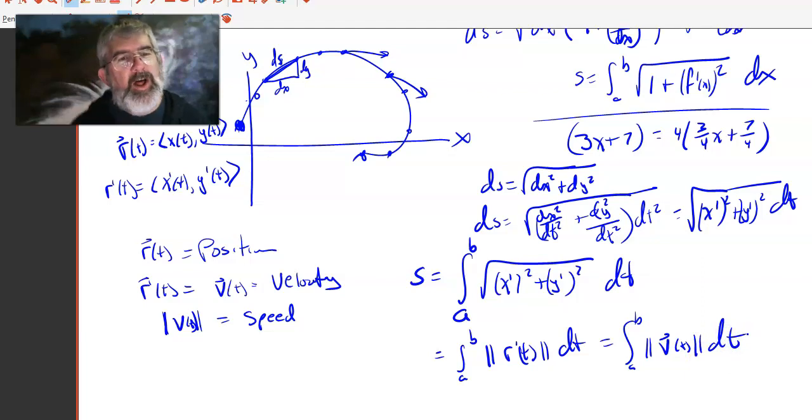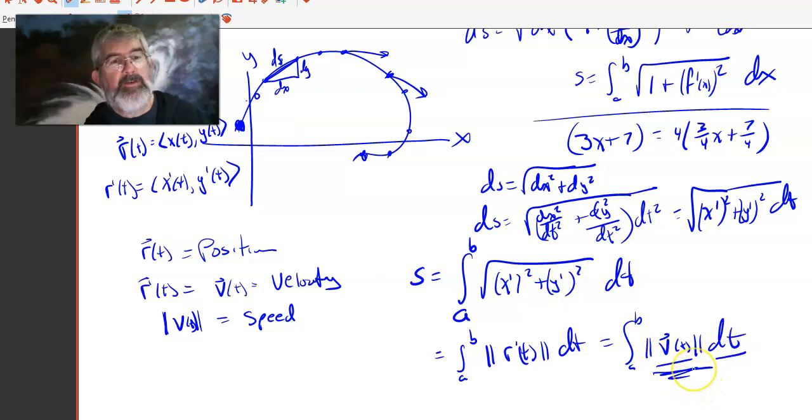And this makes a lot of sense to me, because if I want to figure out how far something has gone, an object that moves, a particle that moves from here along the curve to there, and I want to find out the distance that it travels, well, distance equals rate times time. Speed is a rate, how many miles per hour, feet per second, meters per second, whatever it is you're measuring distance with and time with, right? But this is a velocity, and then times a little bit of time.